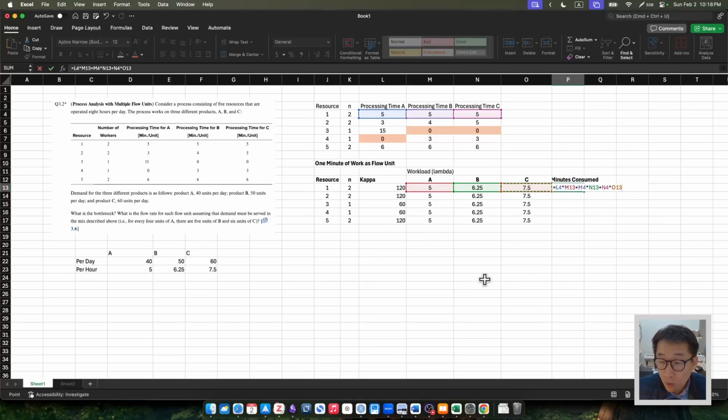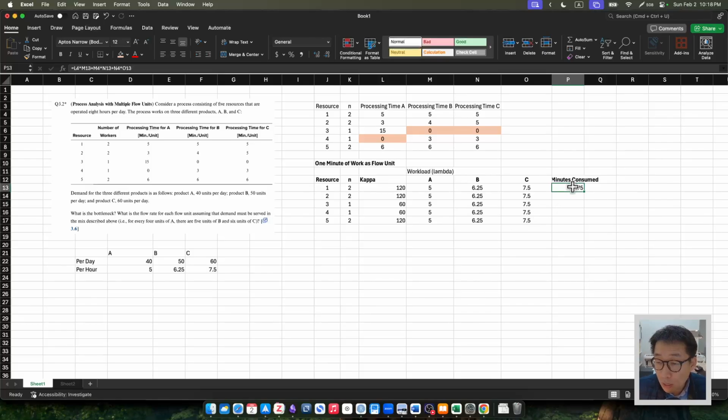This will be the total number of minutes needed to be consumed in order to make all those quantities, when each unit type consumes this many minutes. So with that, maybe we can just drag it.